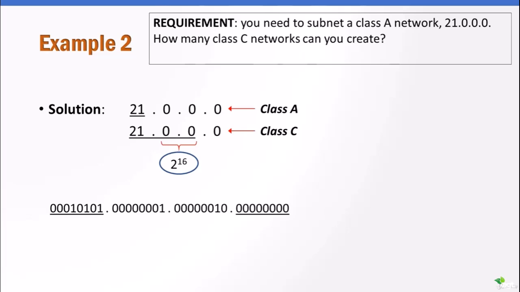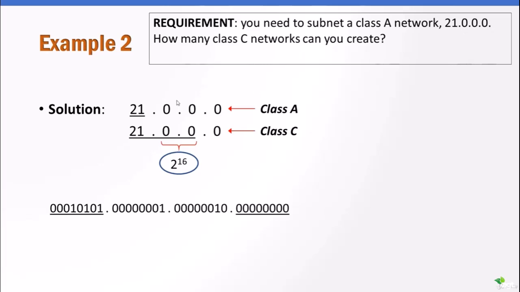Once we've reached 255 for the second time in the third octet, we're going to start increasing the second octet. It's going to go to 2, 3, etc. Our last class C subnet in this example is going to be 21.255.255.0. So we're going to go all the way from 21.0.0.0 to 21.255.255.0.